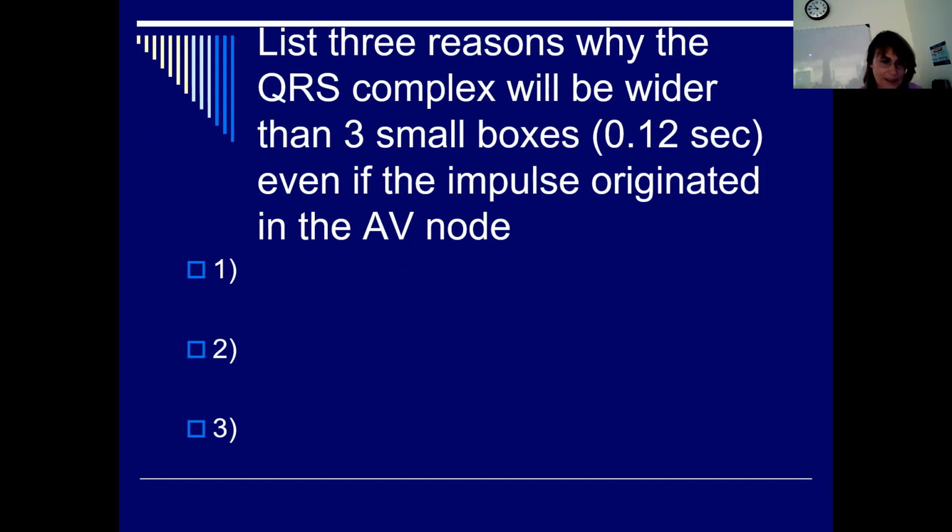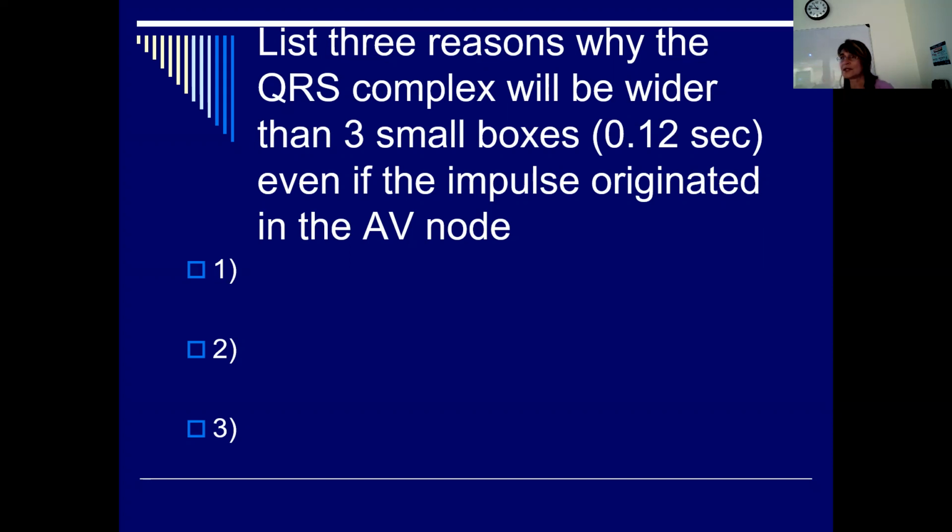And the third one is an electrolyte imbalance. So when there's an abnormal amount of potassium, calcium, or sodium in the body, it can lead to an irritable ventricle, and the ventricle starts firing for no reason.